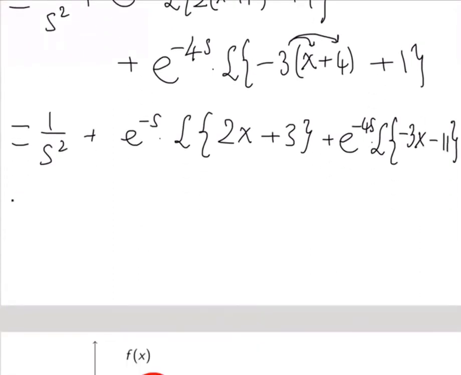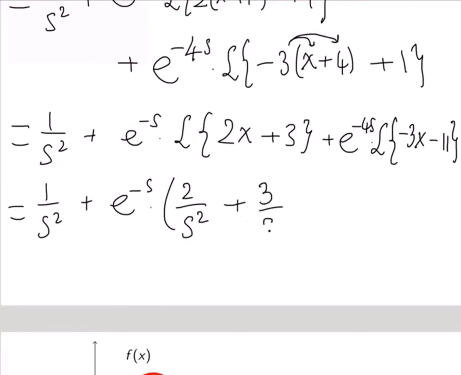Now using the linearity and the formula for the Laplace transform, we have e to the minus s times, here, the Laplace transform of 2x is 2 times the Laplace transform of x, which is 1 over s squared, so 2 over s squared, and then the Laplace transform of 3 is 3 over s, plus e to the minus 4s times the Laplace transform of minus 3x gives us minus 3 over s squared, and then minus 11 over s.